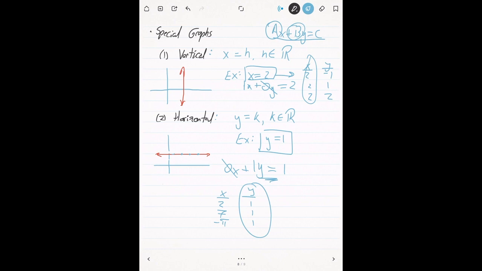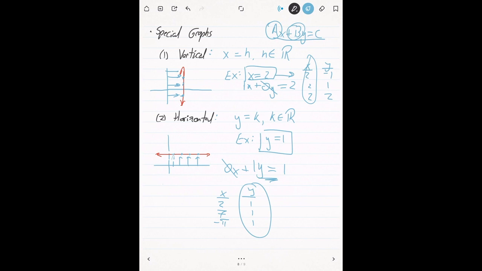Graphically, that's going to produce a vertical line because all the x values are the same. Y will change, but x will always stay the same. That means we're not moving left or right any value. We're always the same distance over from the y-axis. We're always the same number of units over. Just like before, when the y was constant, we were the same number of units up from the x-axis. Here, we're the same number of units over from the y-axis.